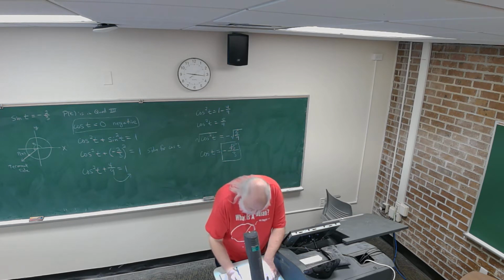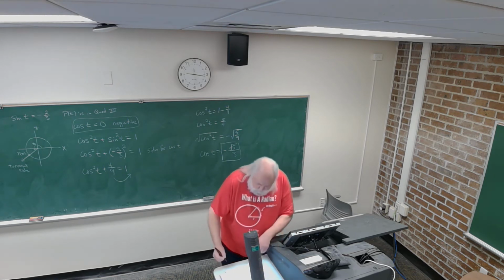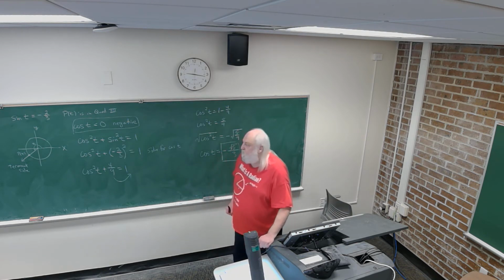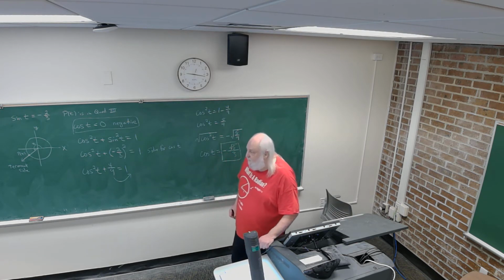Another example, in this example over here, we're talking about the angle pi radians. So again, here's the initial side, here's the terminal side, here's the angle pi radians. Pi radians is the same as what? 180 degrees.